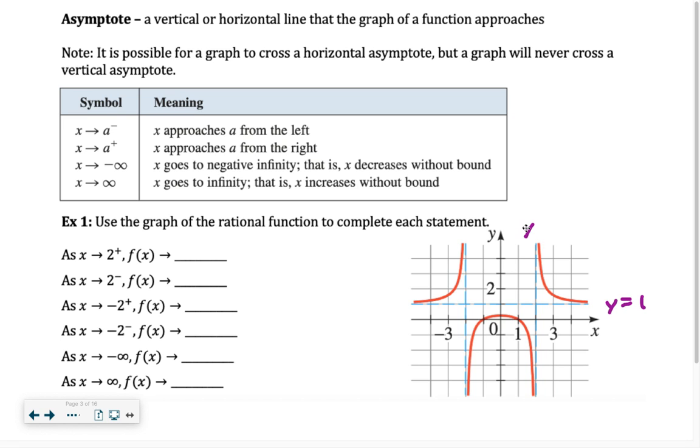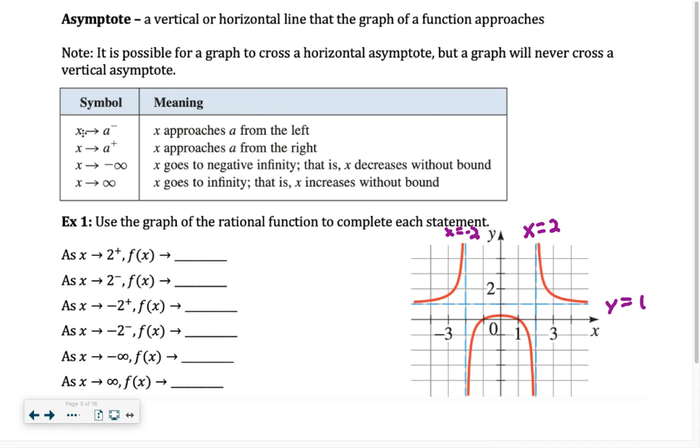So the equation of this vertical line, this asymptote, would be x equals 2, and this one would be x equals negative 2. Now, we'll look at a couple examples of this idea in a second, but it is possible for a graph to cross a horizontal asymptote, but it is not possible for a graph to cross a vertical asymptote. All right, so let's look at some notation that we're going to use.